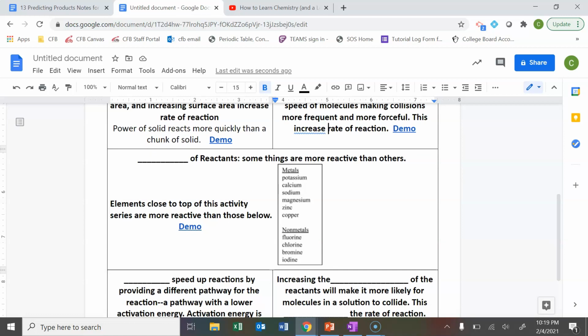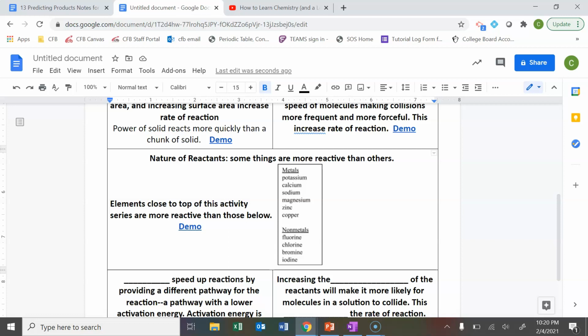We could also talk about the nature of reactants. There's a lot of examples of this. We're just going to talk about one. This is the activity series that we talked about when we're predicting products for single replacement reactions specifically. Another thing about the activity series is the higher it is on the activity series, the more quickly it reacts.